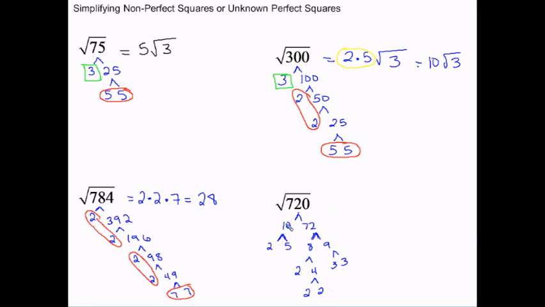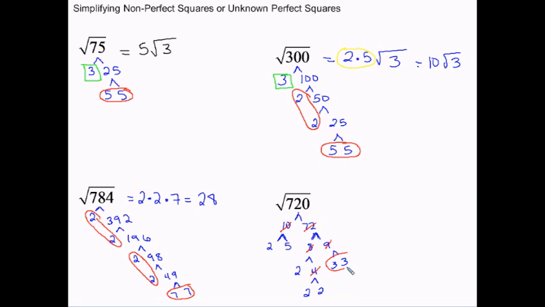So as we go through this, the 10 became 2 times 5, so it's gone. 72 became 8 times 9, so it's gone. 8 became 2 times 4, and 4 became 2 times 2. 9 became 3 times 3. So these numbers no longer count. It's only the end of the branches that we want to look at.